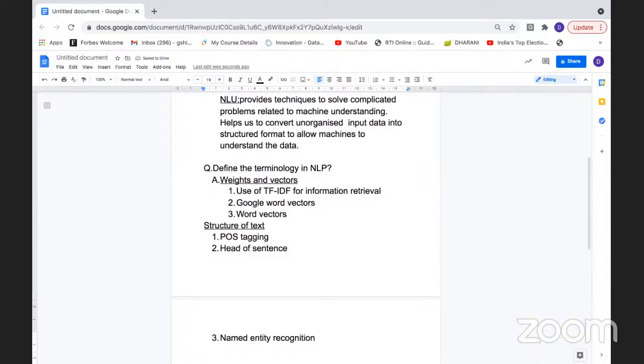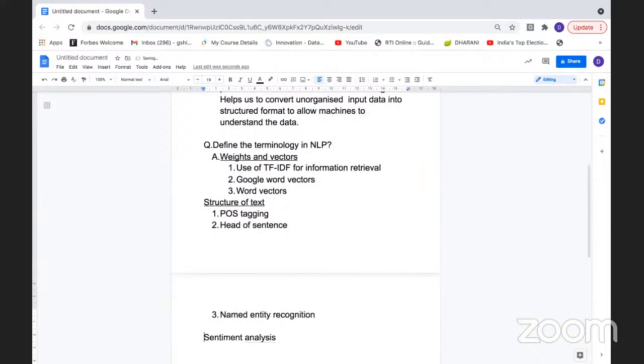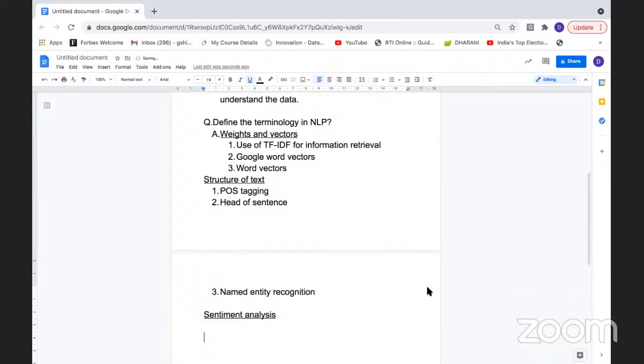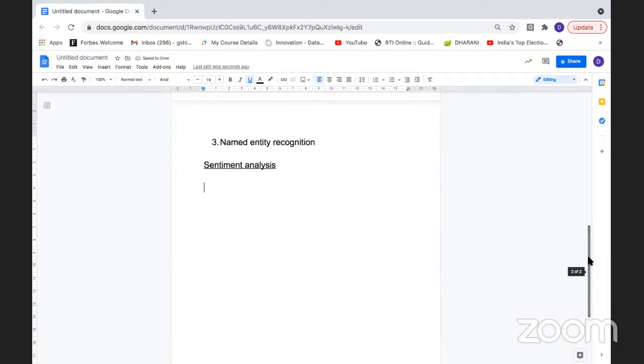Then you start performing sentiment analysis. What other things are covered as part of sentiment analysis?